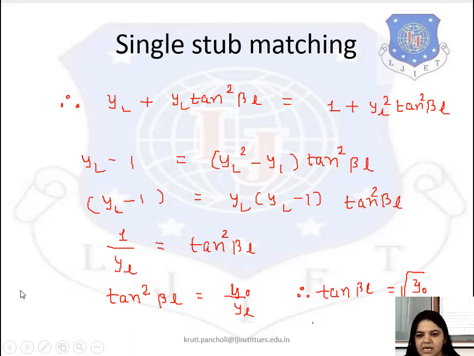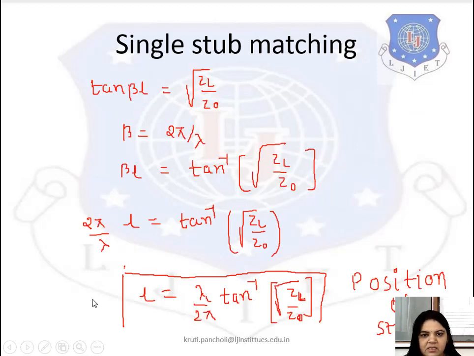Therefore tan βL is equal to the square root of Y0/YL. Therefore tan βL, in terms of the impedance, is the square root of ZL/Z0.